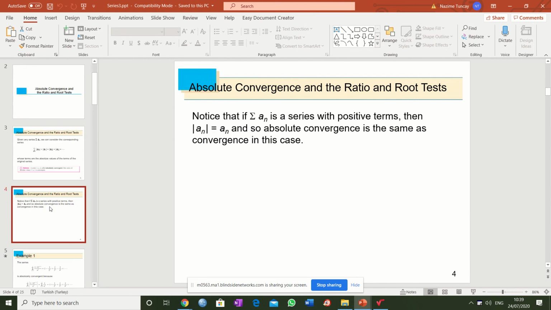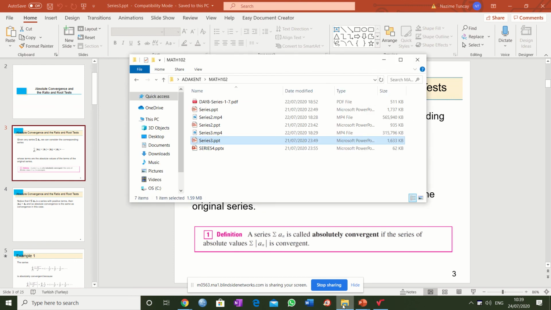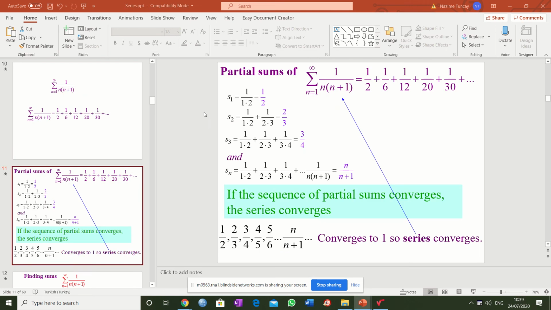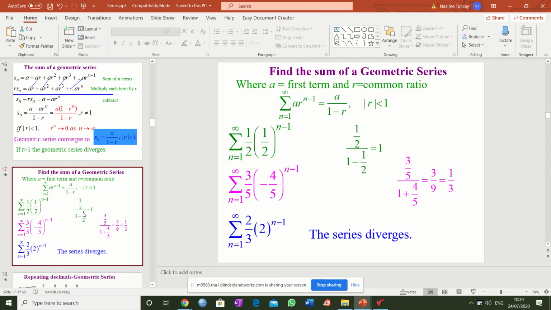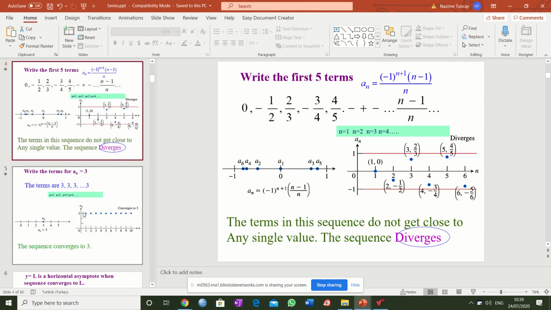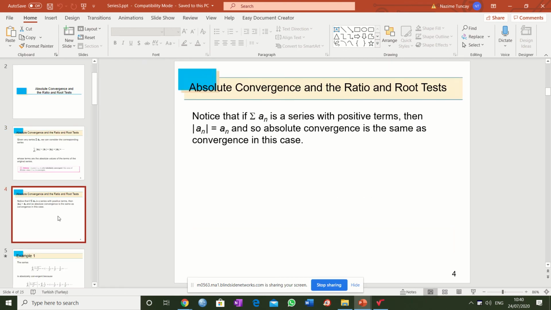They can be negative and positive, like the example here. But if we take the absolute value, they are always positive. So if they are always positive, they converge to a number.